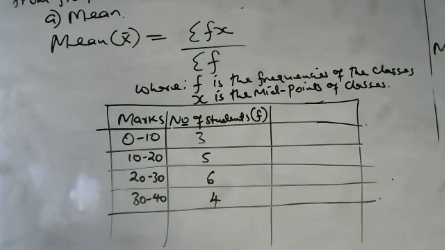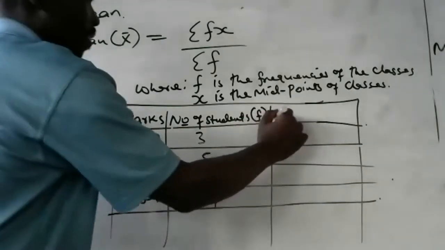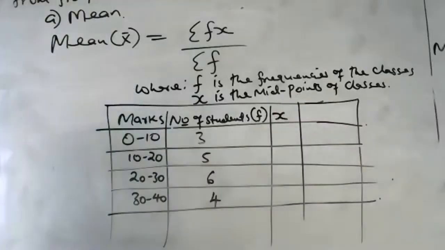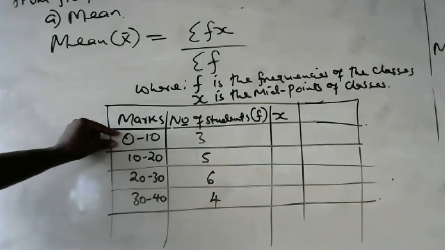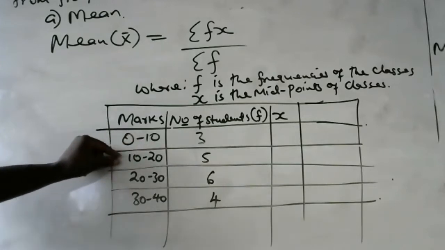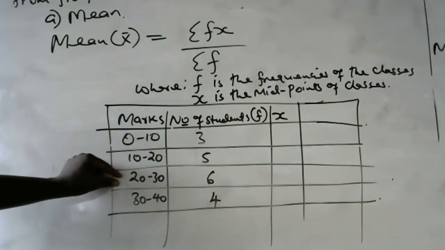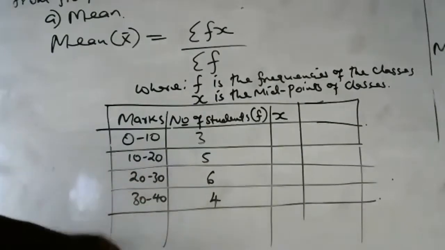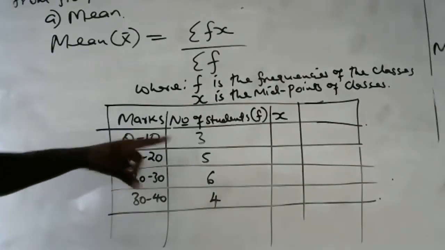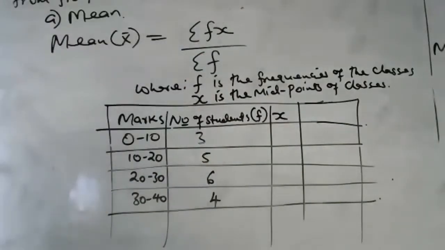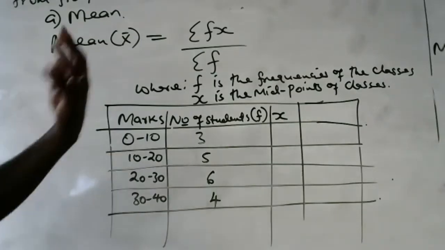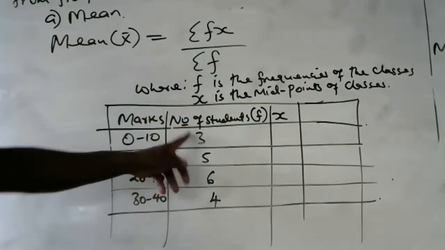Find the mean mark. So what you need to do is to get x first, determine the values of x for each and every class. Remember, this is the class of 0 to 10, the class of 10 to 20, the class of 20 to 30, 30 to 40. Here, those students who scored somewhere between 0 and 10, they were 3.